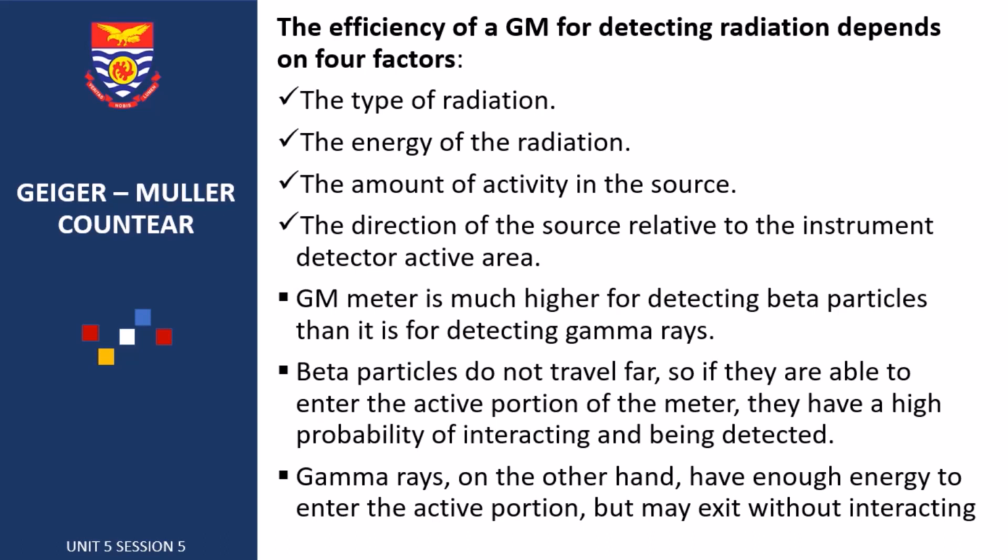The efficiency of the Geiger-Müller counter is much higher for detecting beta particles than it is for detecting gamma rays. This is because the beta particles do not travel far. So if they are able to enter the active portion of the meter, they have a high probability of interacting and being detected.